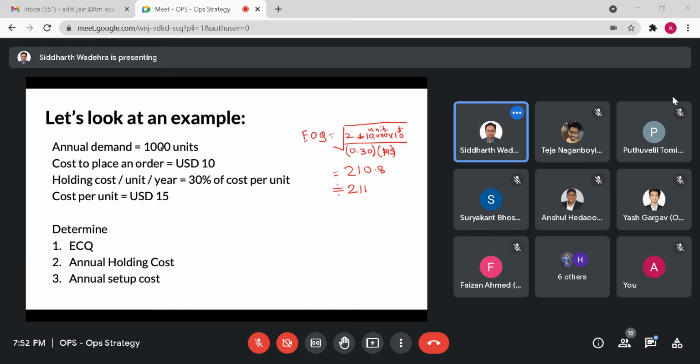For holding, you take Q, which is 211, and divide that by 2 to get an average. So here we are talking about the holding costs.